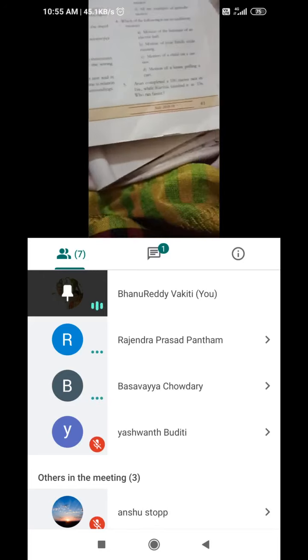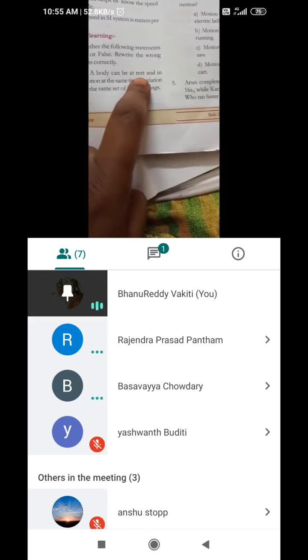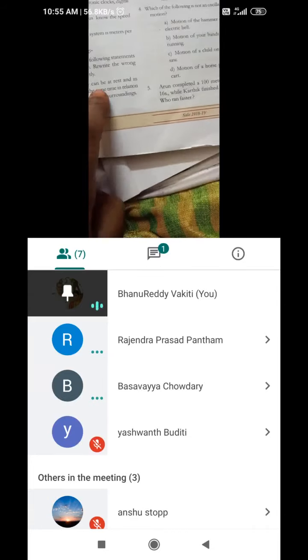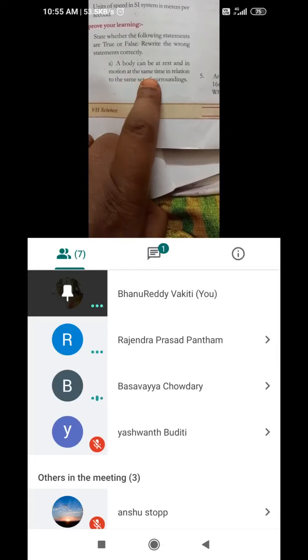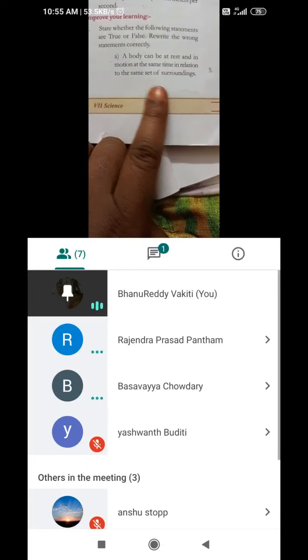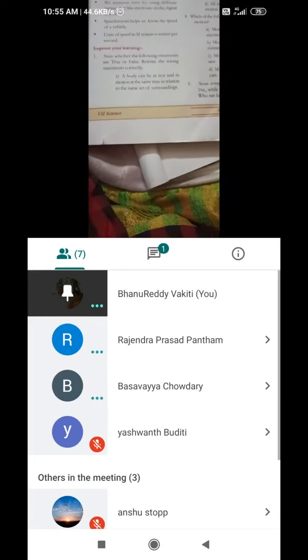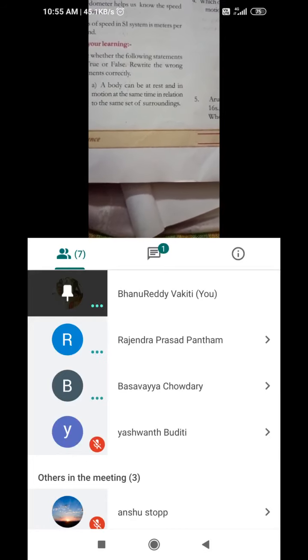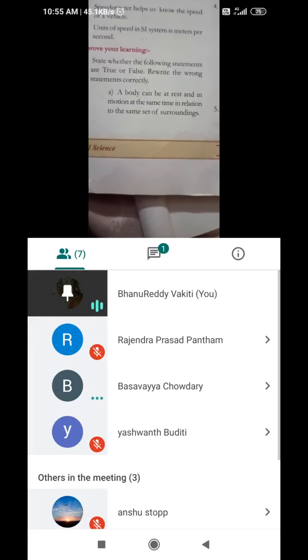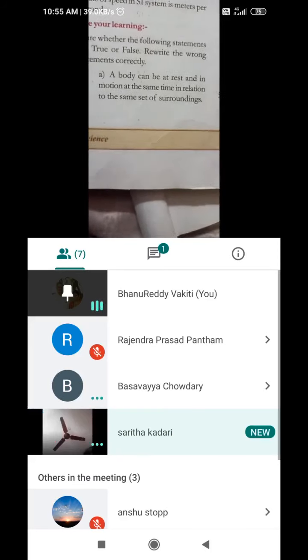Here we need to take motion only. A body can be at rest and in motion at the same time in relation to the same set of surroundings, and a different set of surroundings. Yes, you can write it afterwards. Now we are just discussing.